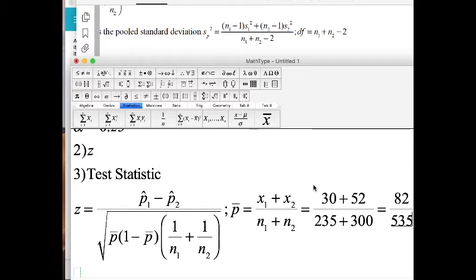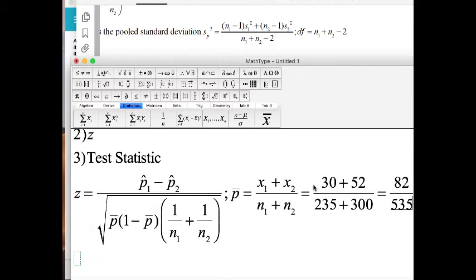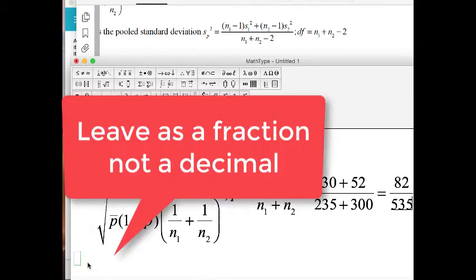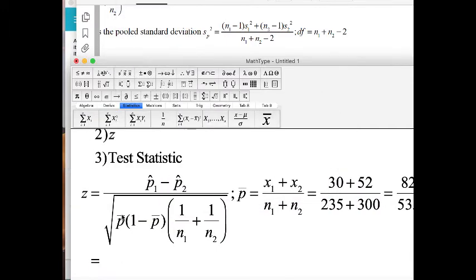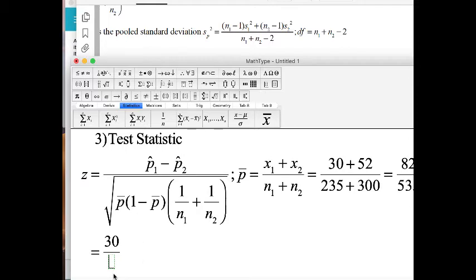Now when we substitute in our values, again, like I said, I'm just going to leave them as fractions. So Z is going to equal P1 hat, which is that 30 over 235, minus the 52 over 300.